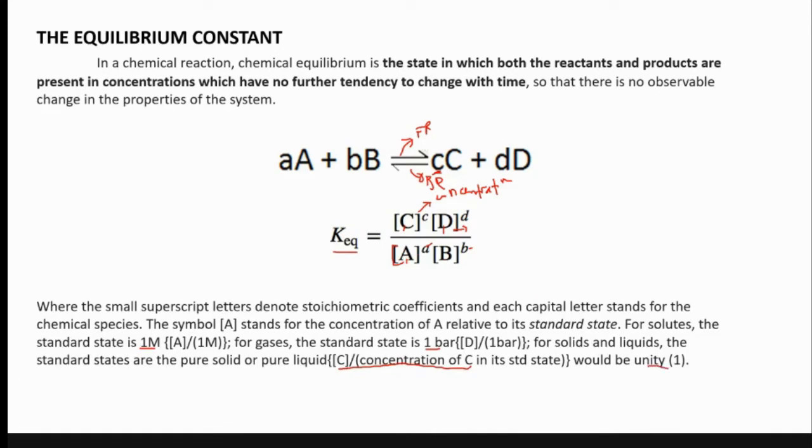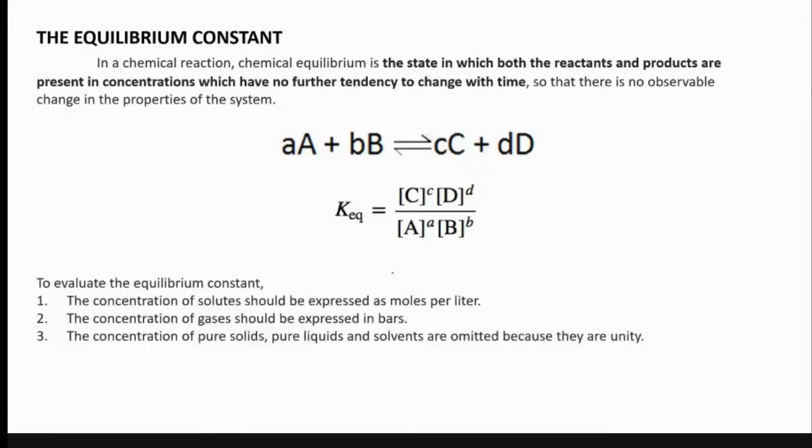So, for solids and liquids, hindi natin sila incorporate dun sa equilibrium expression kasi equals to 1 lang din yung concentration or standard state nila. Okay? So, to evaluate the equilibrium constant, the concentration of solutes should be expressed as moles per liter or molarity.